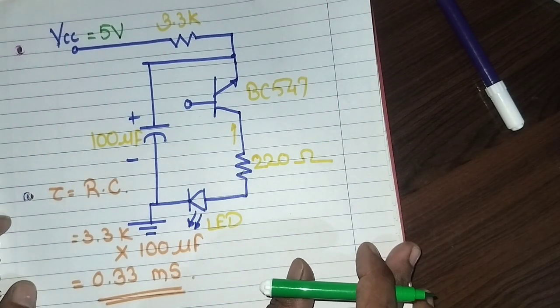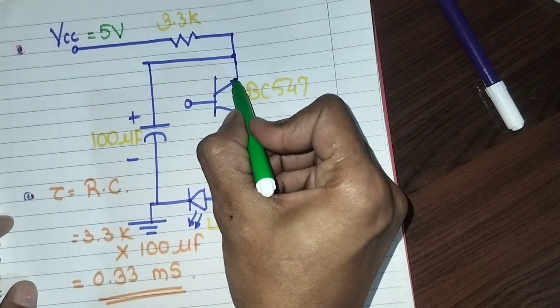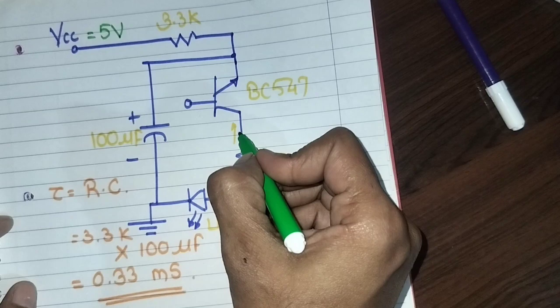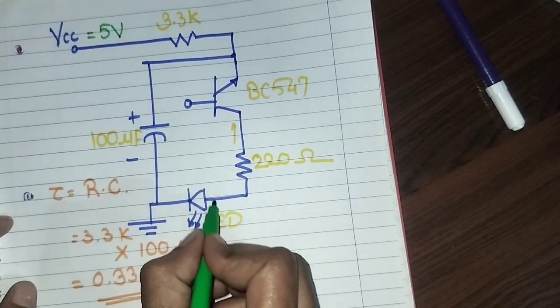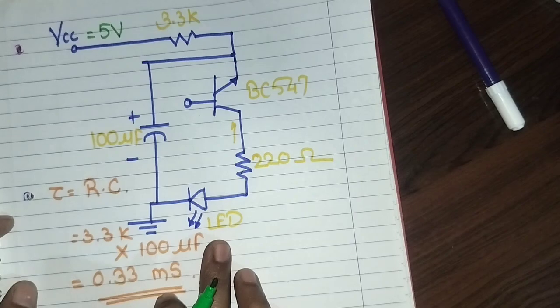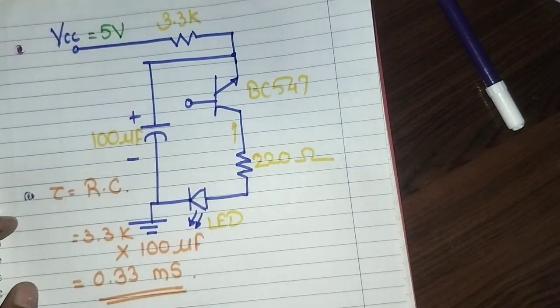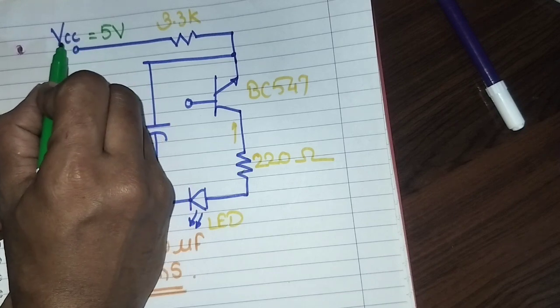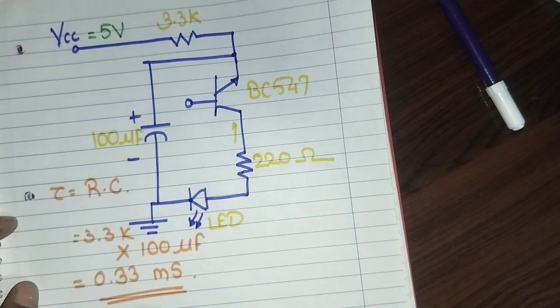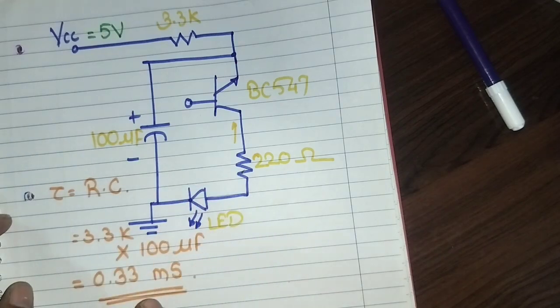You can see that in the video also, because 5 volt is not sufficient to allow this IC current to increase, and this LED will not turn on, because an LED requires at least 1.7 volt or more according to the data sheet to turn on. So this VCC should be greater than 10 volt to turn on this LED, and it will turn on and off.